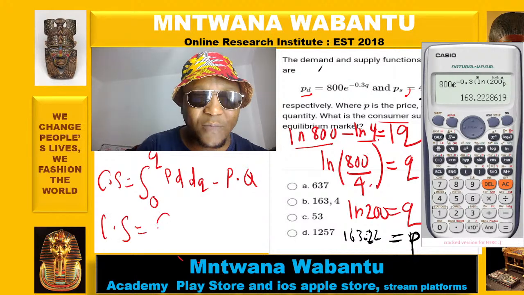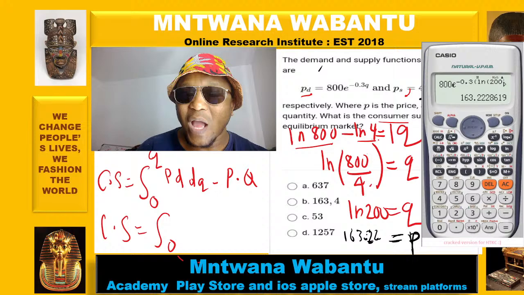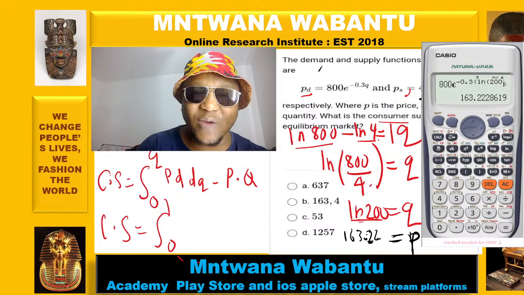So consumer surplus equals integral from 0 to Q, where our Q equals ln of 200.